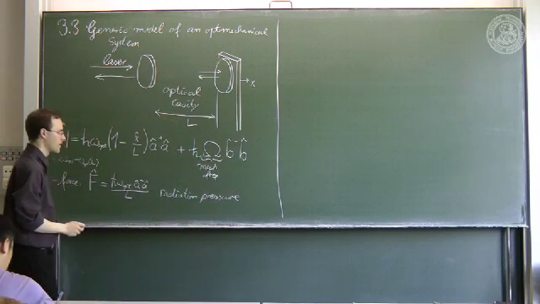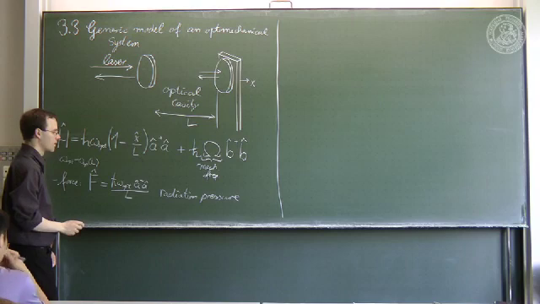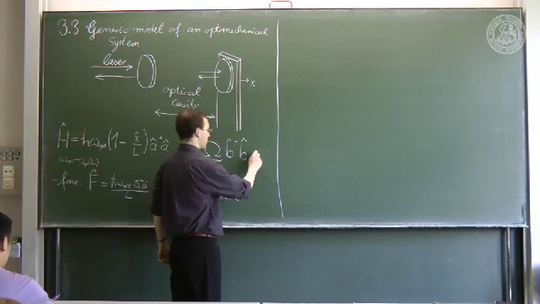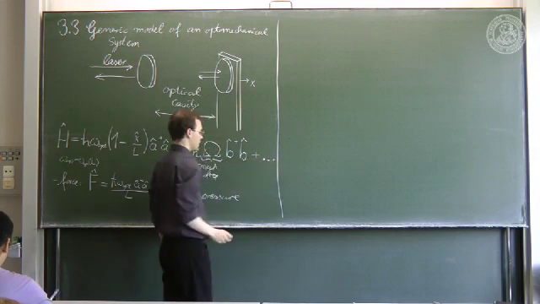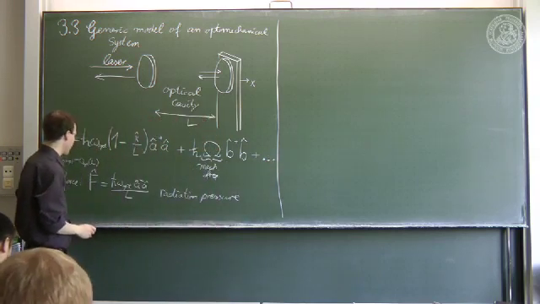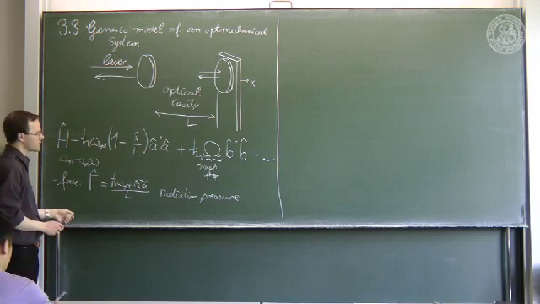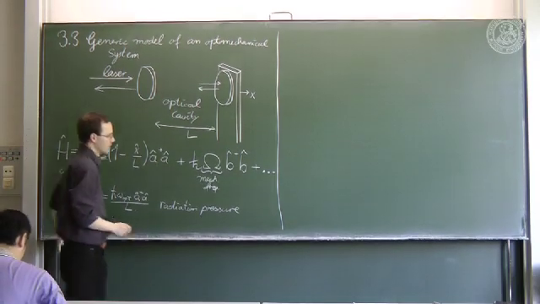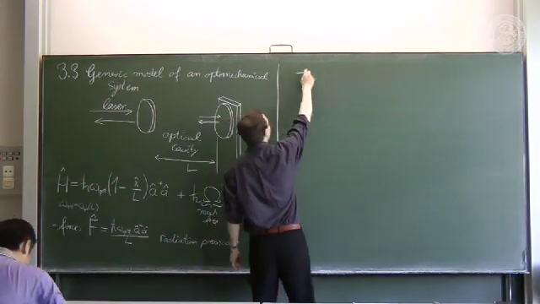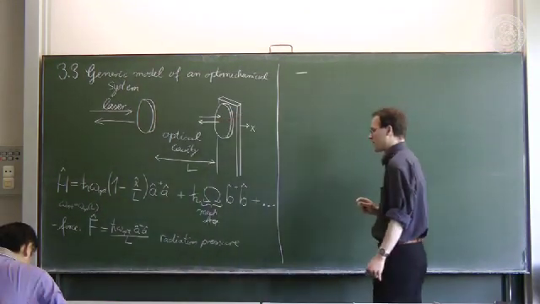B dagger b would be the number of phonons. Plus other terms, and I will comment on those in a minute. Now we already read off the force. There are a few further notes.